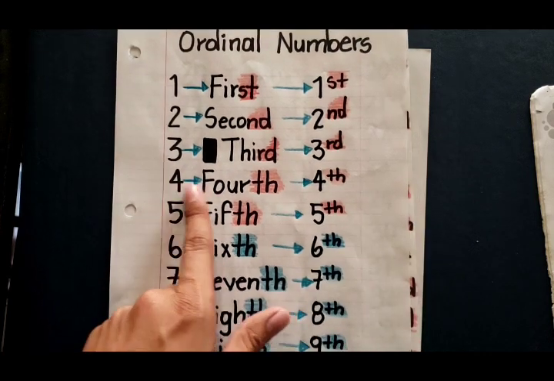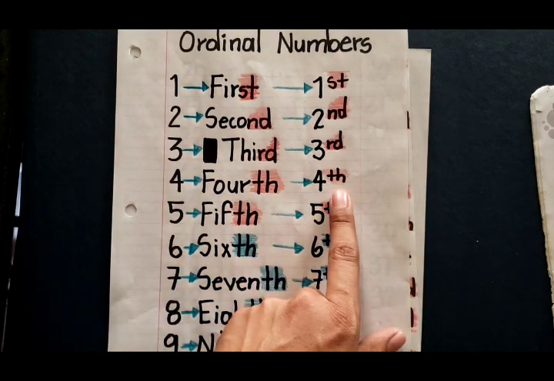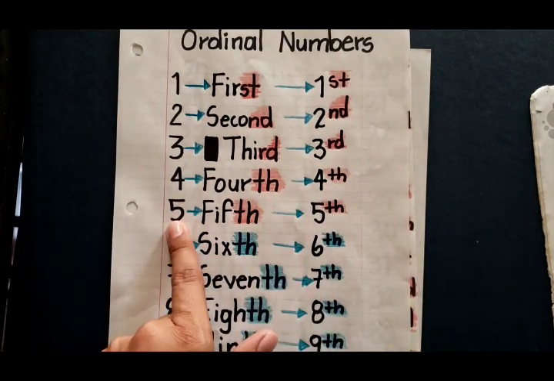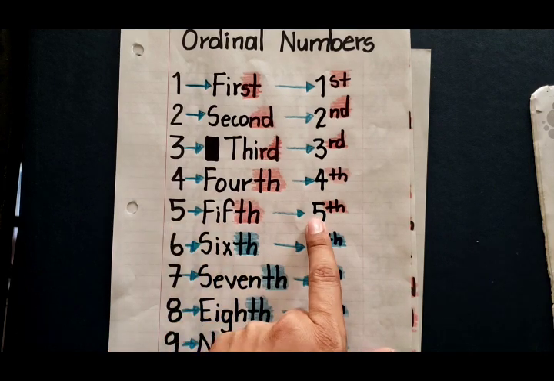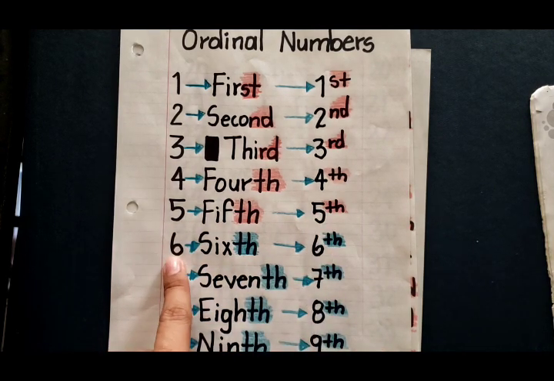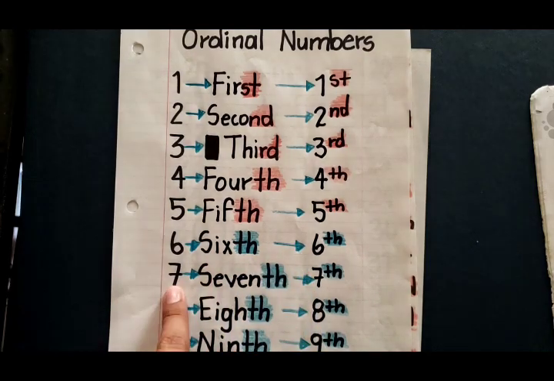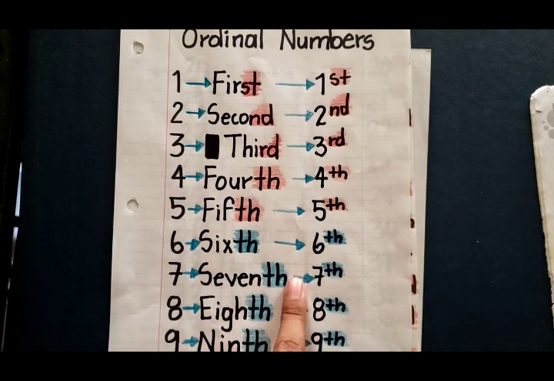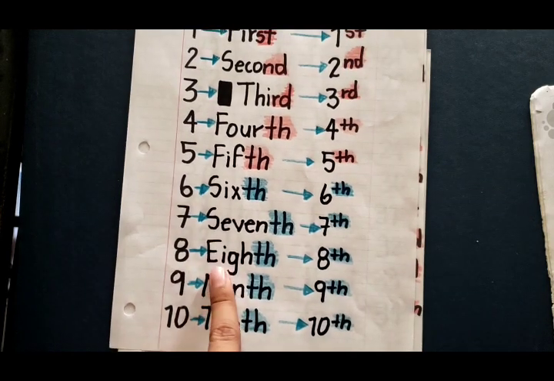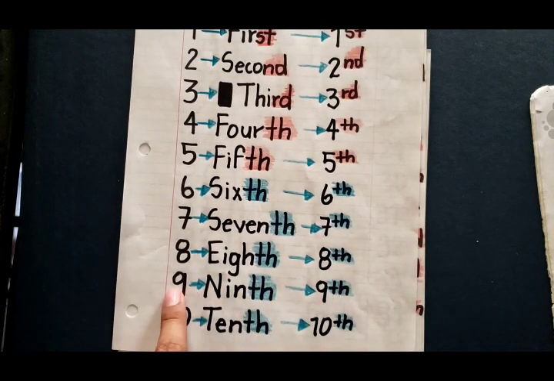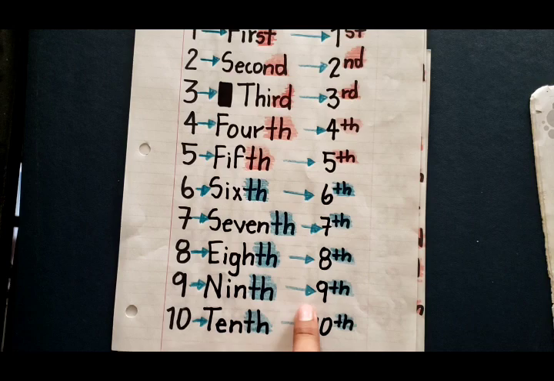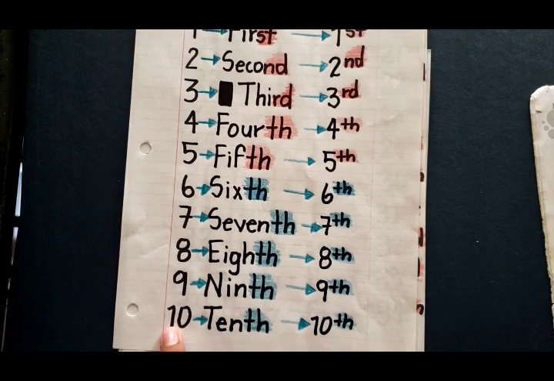Cardinal 4, ordinal fourth. Cardinal 5, ordinal fifth. Cardinal 6, ordinal sixth. Cardinal 7, ordinal seventh. Cardinal 8, ordinal eighth. Cardinal 9, ordinal ninth. Cardinal 10, ordinal tenth.